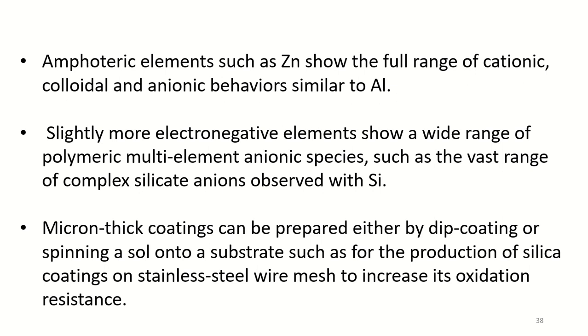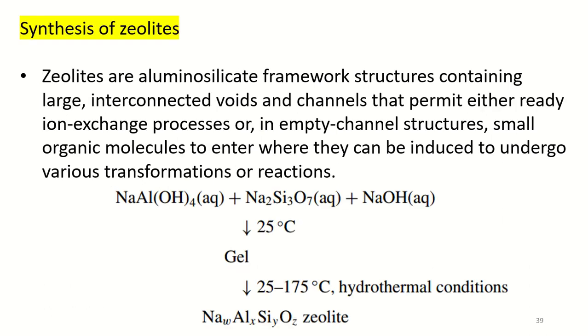Micron thick coatings can be prepared either by dip coating or spinning a sol onto a substrate, such as for the production of silica coatings on stainless steel wire mesh to increase its oxidation resistance. Some other examples of materials prepared by this route are discussed here.